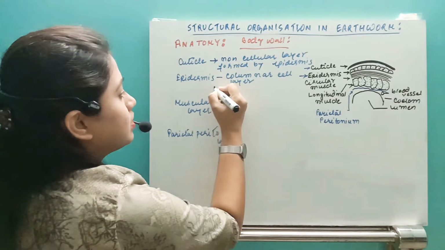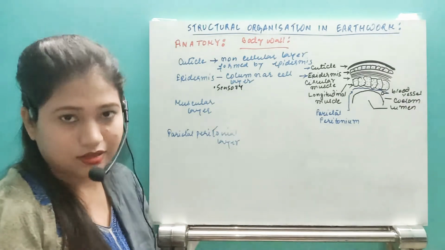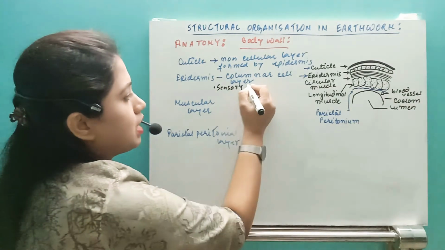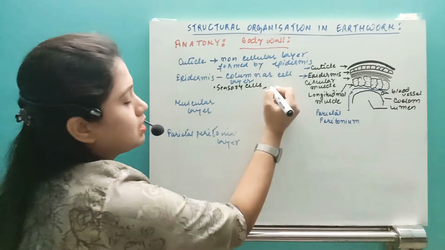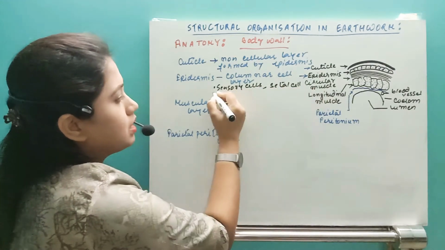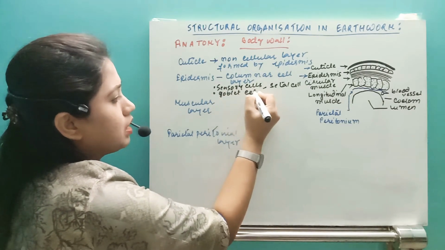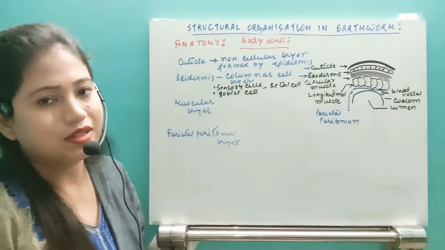Yes, they have the sensory cell, because this organism can sense a lot of different senses. So they have the sensory cells. Then they have the setal cell. Then they have the goblet cell. Then varieties of cells are there.